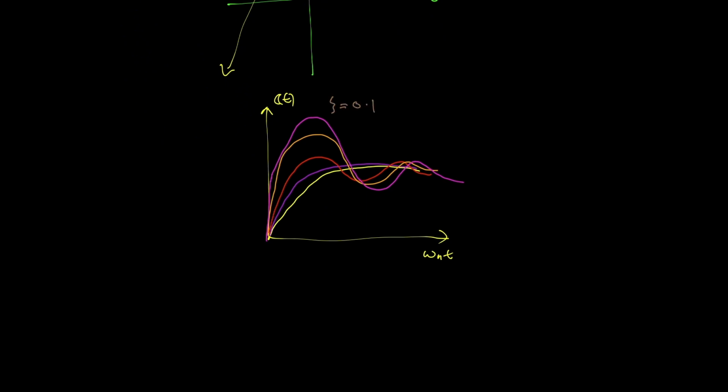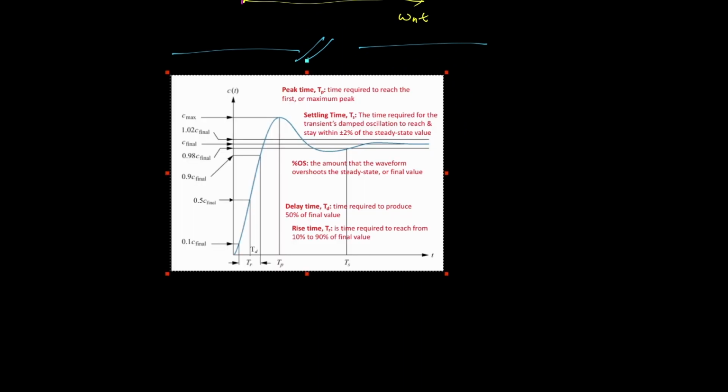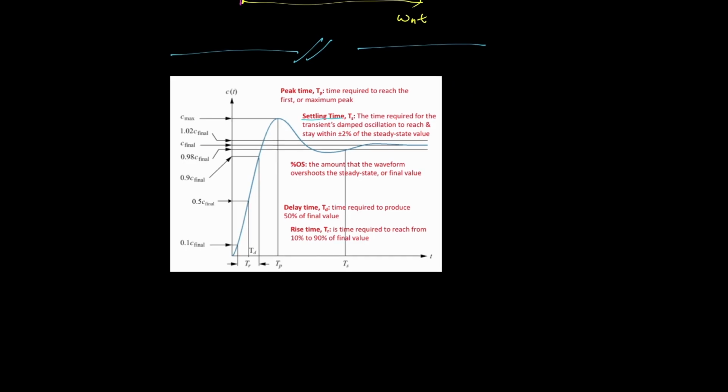The natural frequency is a time axis scale factor and does not affect the nature of the response other than to scale it in time. We have defined two parameters associated with second-order systems, zeta and omega n. Other parameters associated with the underdamped response are rise time, peak time, percent overshoot, and settling time.